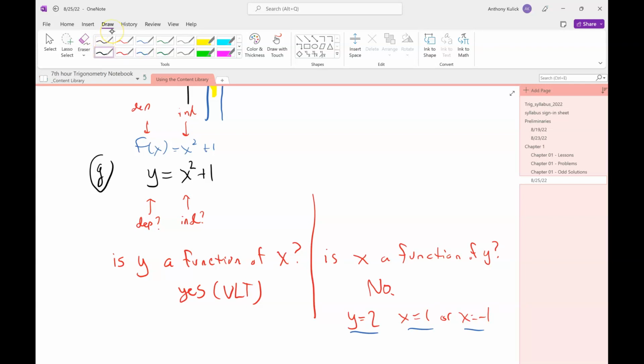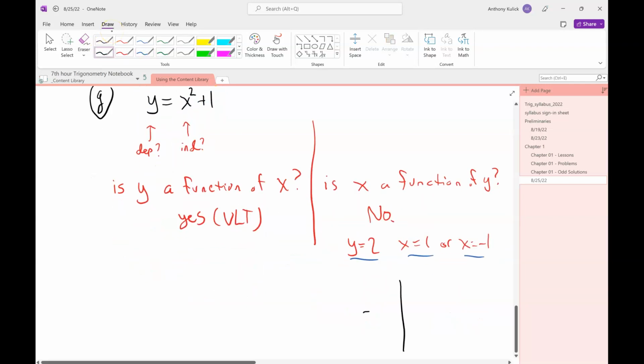Or if you wanted to create a graph of this, you would have gotten something like this, which obviously fails a vertical line test. If I wanted to try to get this on my calculator, what would I have had to do?